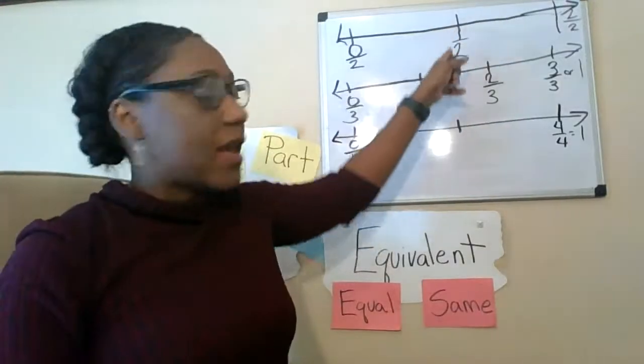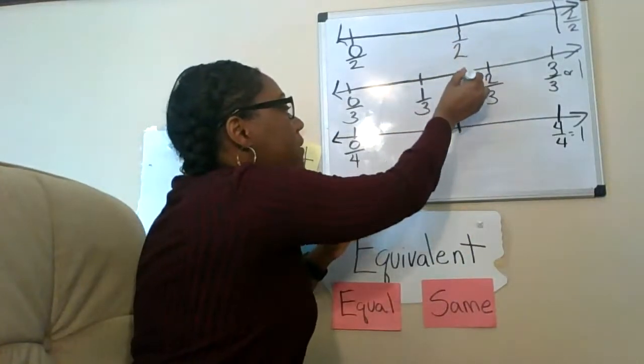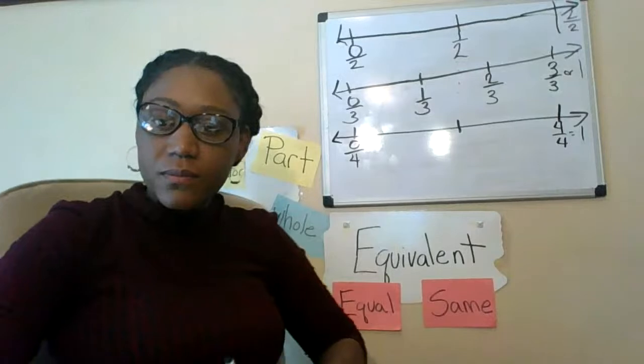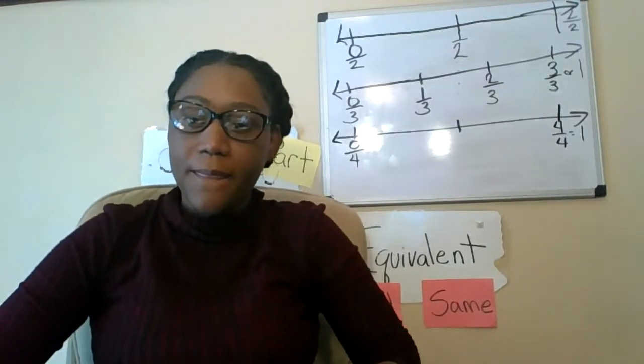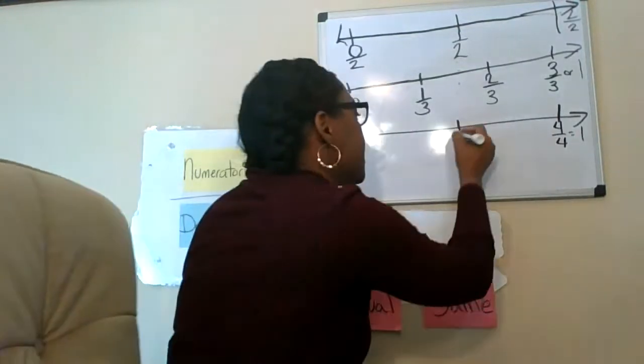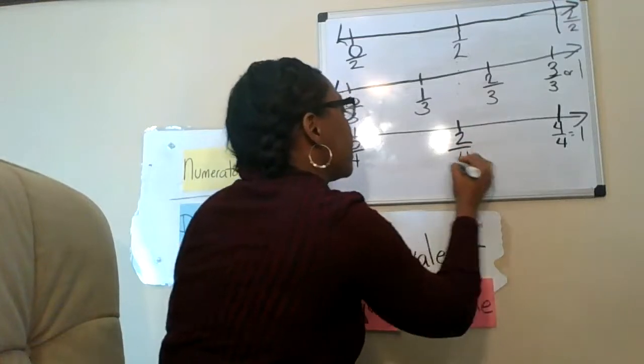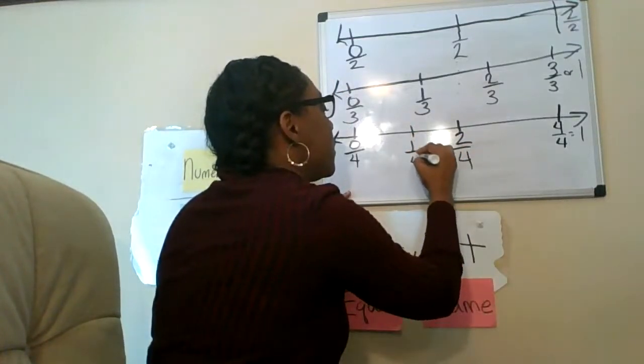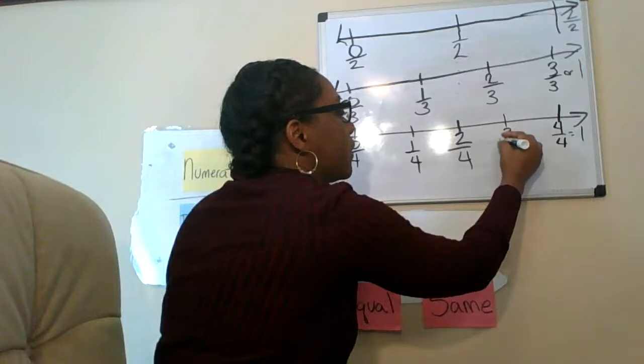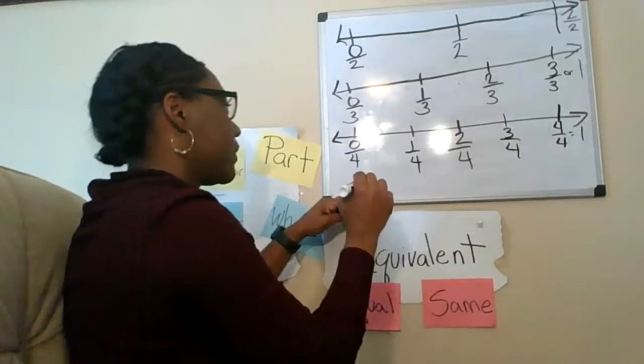What's equivalent to 1/2? How many fourths? All right, good. 2 fourths. So here we would have 1 fourth, we have our 2 fourths, 3 fourths, and 4 fourths. All right.